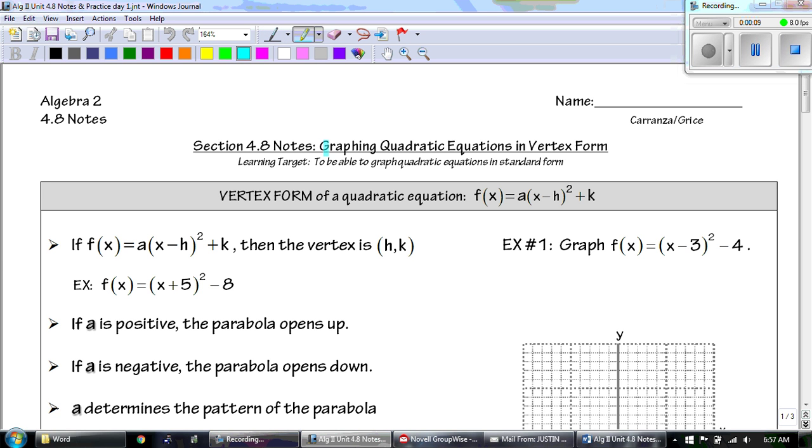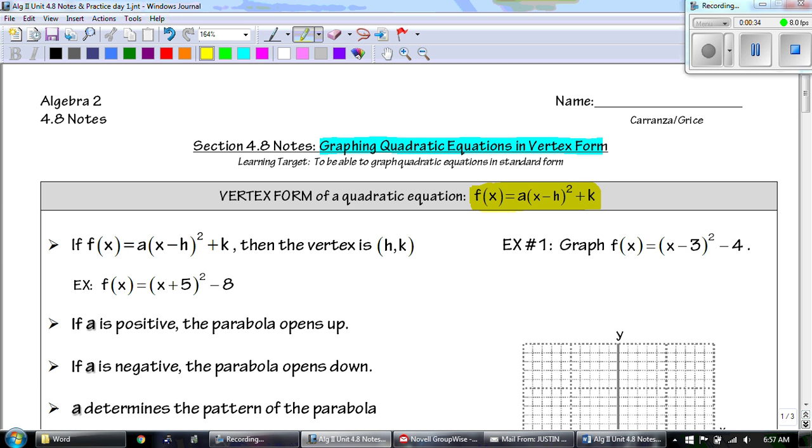Today we're going to be talking about graphing quadratic equations in vertex form. Our learning target today is to be able to graph the quadratic equation in vertex form. So, what is vertex form? Well, vertex form is f of x equals a times (x minus h) squared plus k.